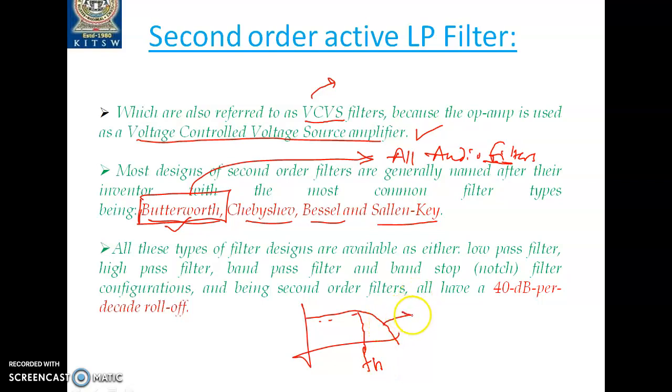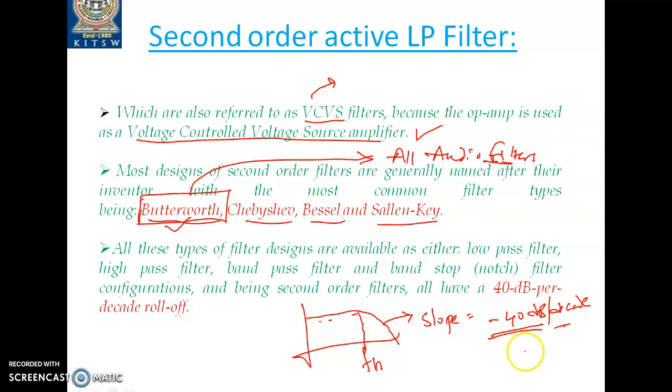And if you want to calculate the slope, the slope for second order is minus 40 dB per decade. Please understand. Okay. For the first order, the slope is minus 20 dB per decade, but for the second order, the slope is minus 40. So what could be the reason? The reason here is that you are going to be using two RC pairs. Okay. So one single RC pair will be giving you minus 20 dB per decade.